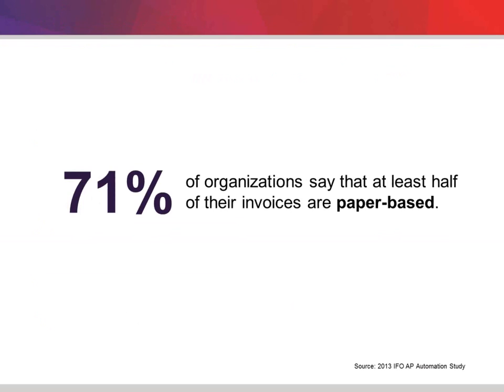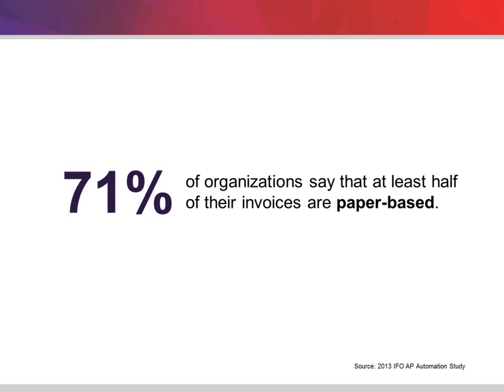In a study about to be released by IFO, their annual AP automation study, IFO found that 71% of the organizations that responded to the survey say that at least half of their invoices are paper-based. So it's actually an even higher percentage than what we found here today.